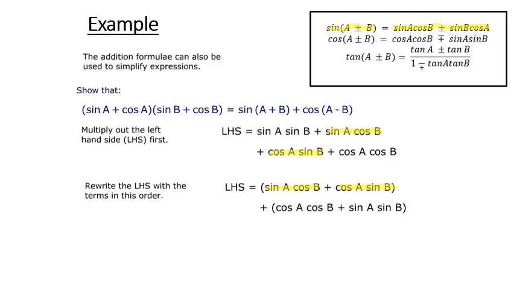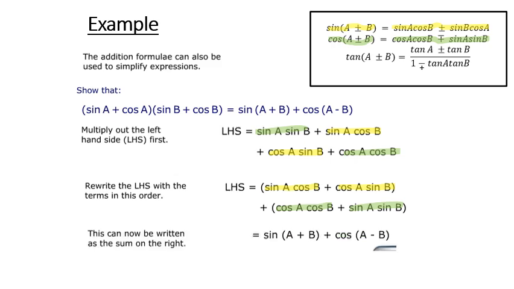So that is the same as sine of A plus B. And then if we put the cos A cos B term next to the sine A sine B term, we can see that that is this one. This is cos of A minus B. So the yellow part is sine of A plus B, and the green part is cos of A minus B. And that is equal to the right-hand side, which is what we were aiming for.